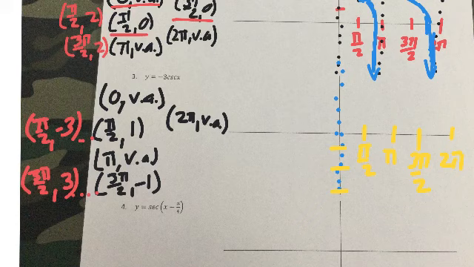So I've got pi over 2, -3. At pi, I have another vertical asymptote. At 3 pi over 2, I have a y value of 3. So I need to count up 1, 2, 3, which would be here. And then at 2 pi, I have another vertical asymptote.